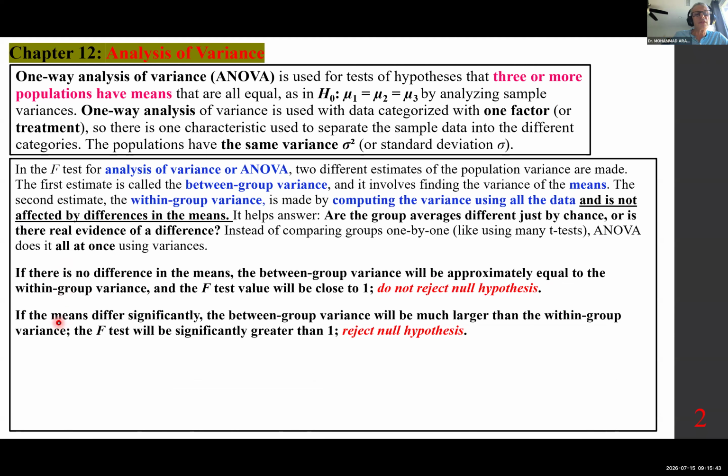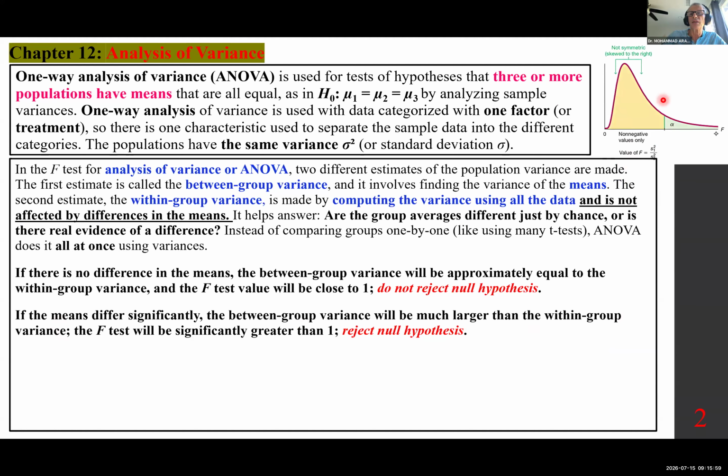If the means differ significantly, the between group variance will be much larger than the within group variance. The F test value will be significantly greater than 1. Reject the null hypothesis. So this is the F test. Again, just like chi-squared is skewed to the right, and the value of F is S1 squared over S2 squared.